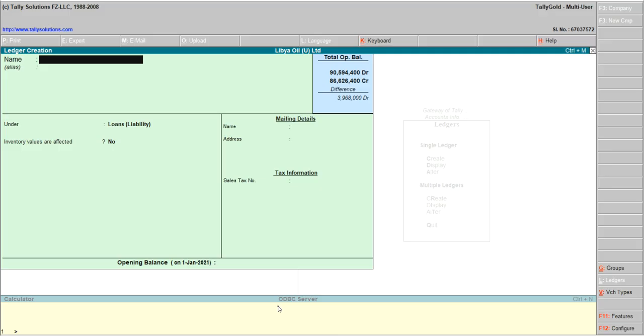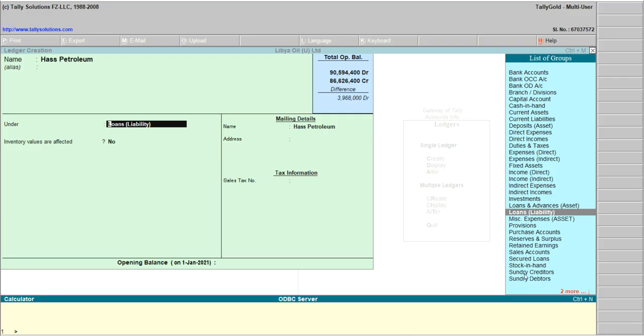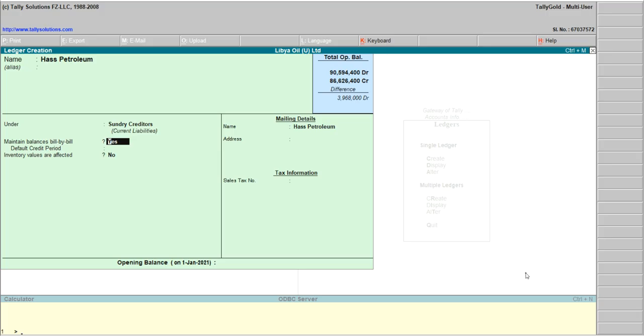These are sundry creditors. So we have AS Petroleum under sundry creditors. Maintain balances bill by bill: no. Rivers are not affected.